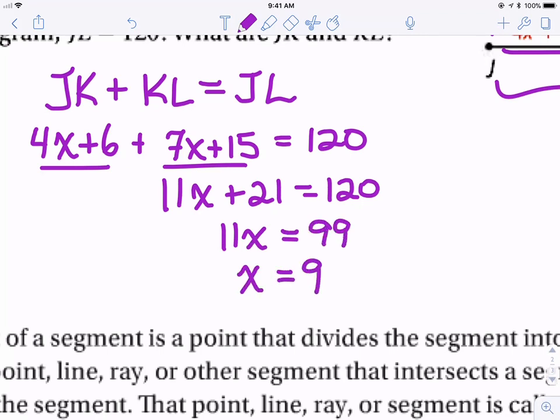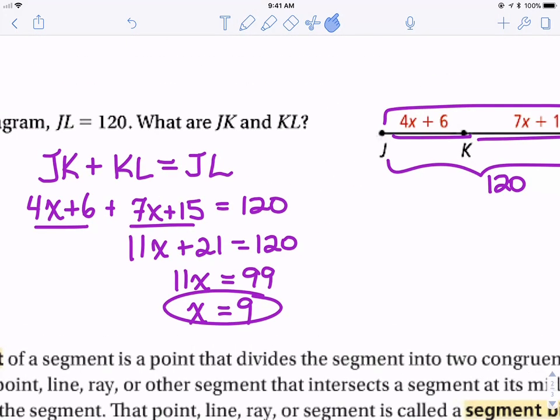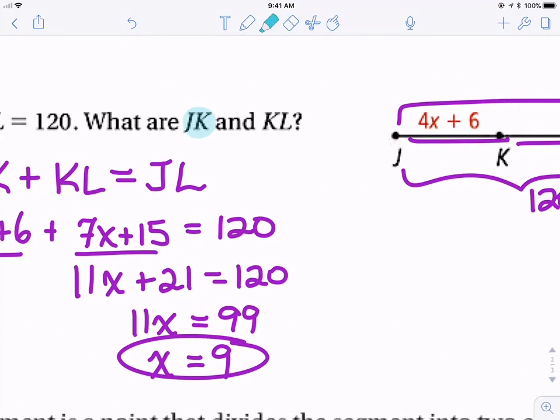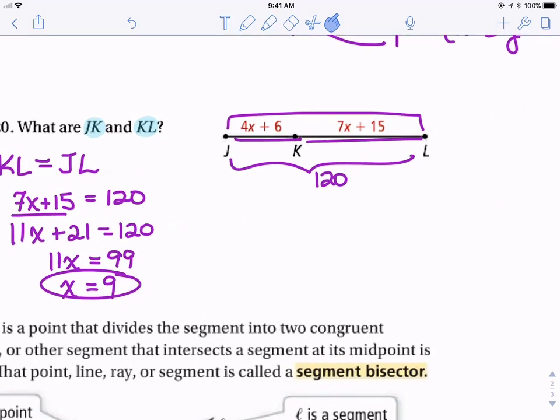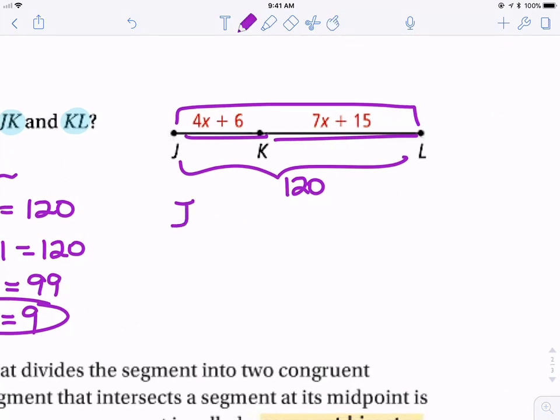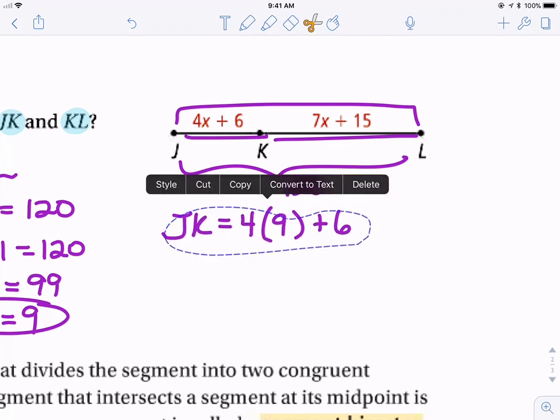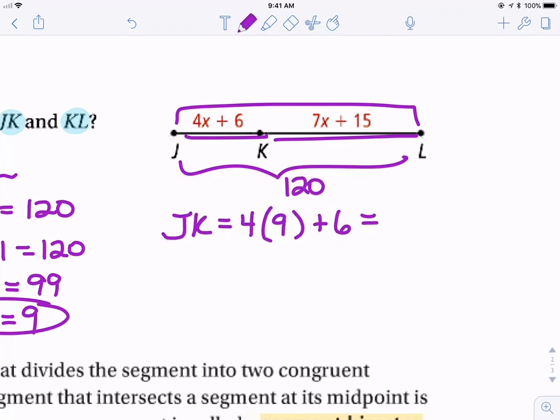Now, have we answered the question? Well, the question said, what are JK and KL? So we haven't answered the question because we only found the value of x. Since JK was 4x plus 6, we're going to plug in our 9 there, and that'll be 42.